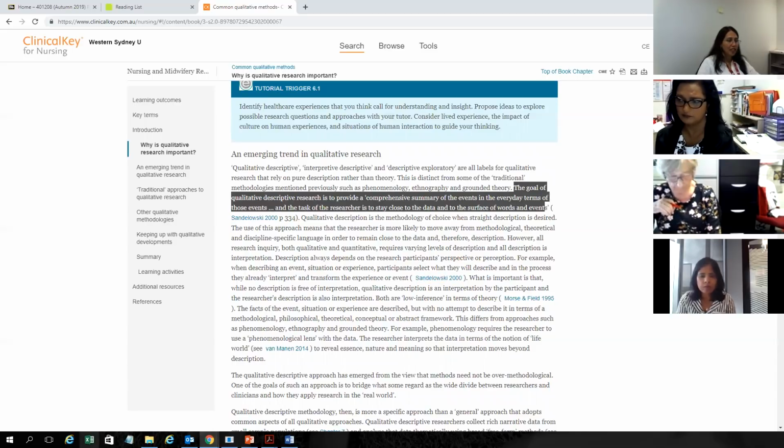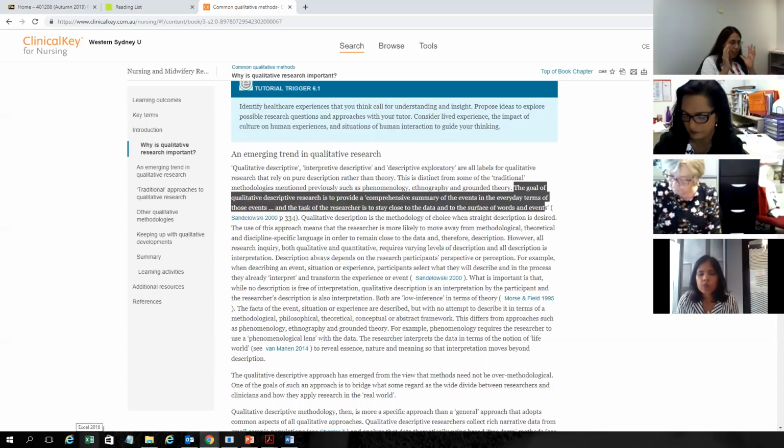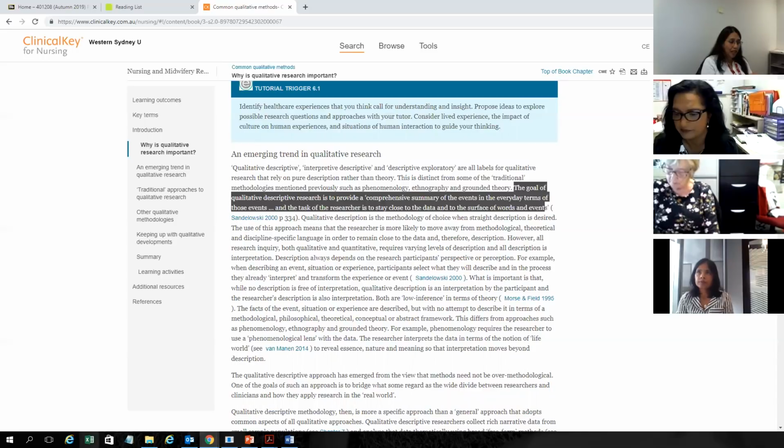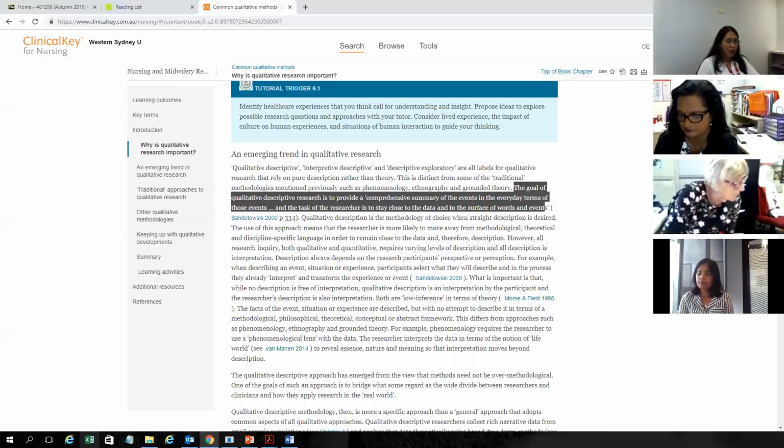So are you getting how you need to work it out? You need to identify what's the design given in the paper. Sometimes the name of the design might not be clearly given. You will need to read up on the different types of quantitative designs or qualitative designs and then match what is in the paper to the design. So remember how we did it? We looked at the paper. It said RCT.